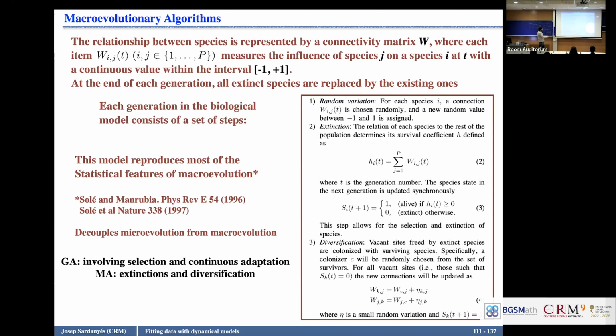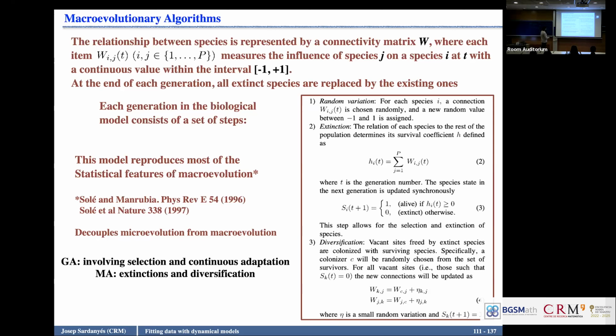So this model, as Solé and Manrubia showed in this article and in the Nature paper of 1997, with this kind of dynamics or model, they were able to reproduce macroevolutionary data, fossil data. So these biological models reproduce the statistical patterns observed in macroevolutionary data.